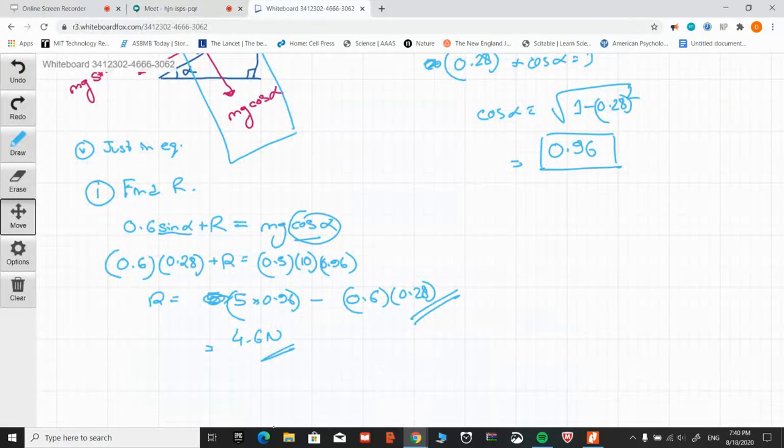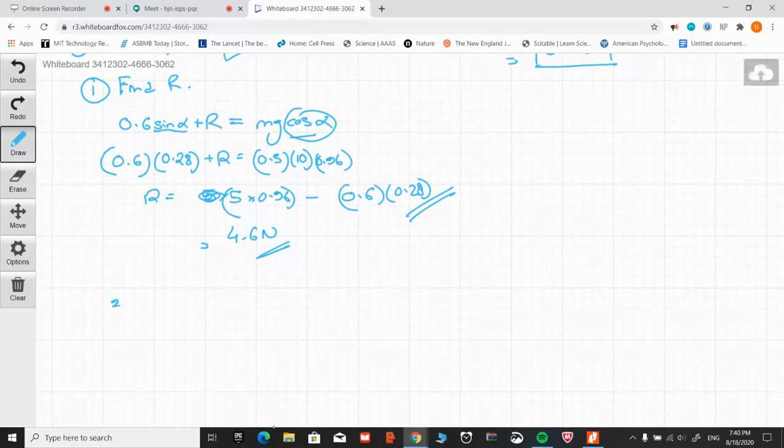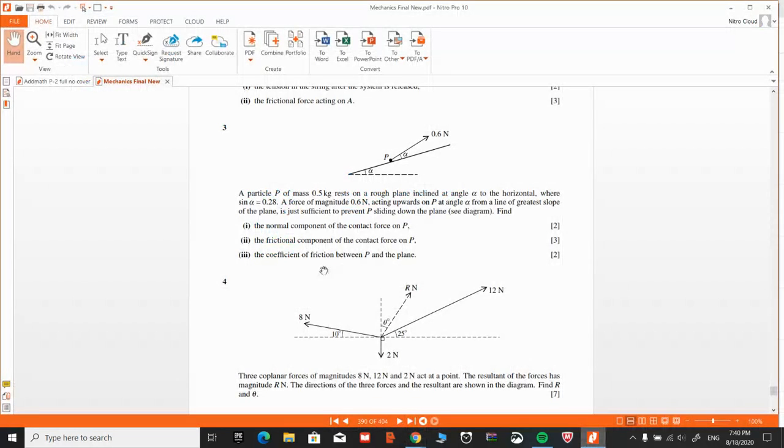রাইট, সো মোটামুটি এটা বুঝছি। The next one asks the question, what is the frictional component of the contact force? মানে সোজা কথা হচ্ছে ফ্রিকশন কত। ফ্রিকশনাল কম্পোনেন্ট অফ দ্য কন্টাক্ট ফোর্স কেন বলা হয়? ওরা ফ্রিকশনকেও একটা কন্টাক্ট ফোর্স ধরা হয়। Any two surfaces that are in contact will have friction, all right?